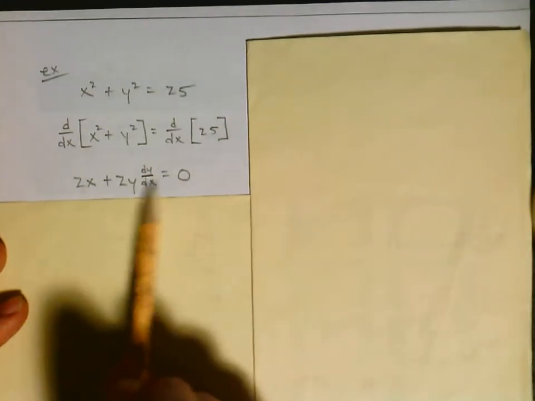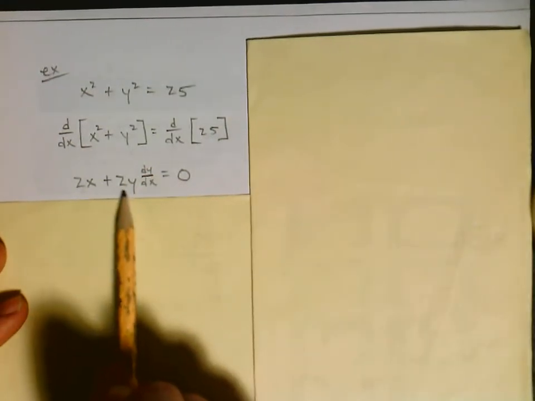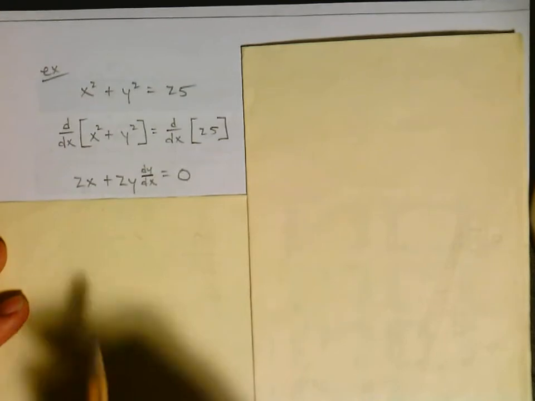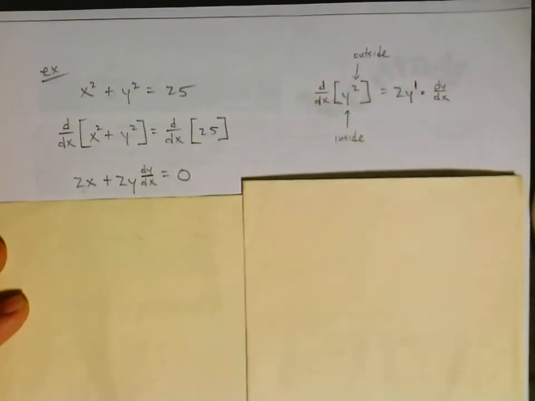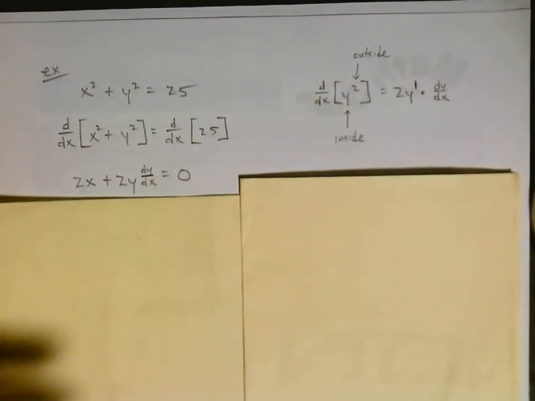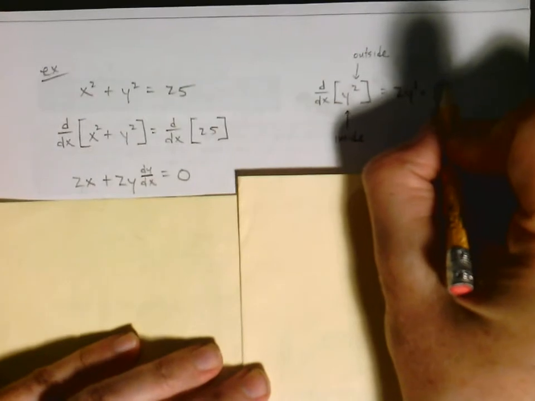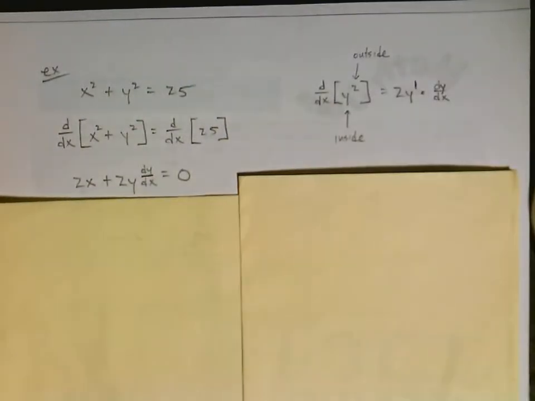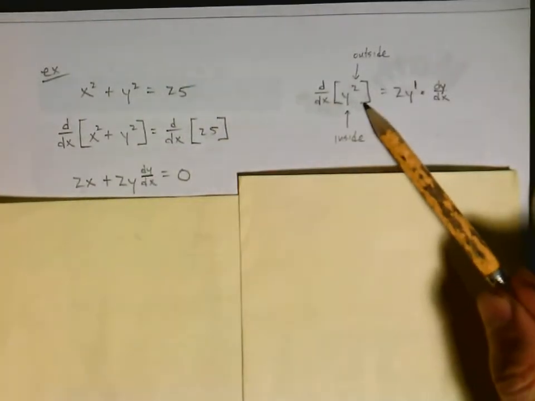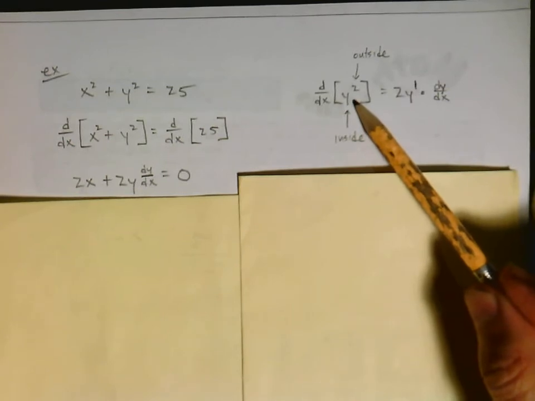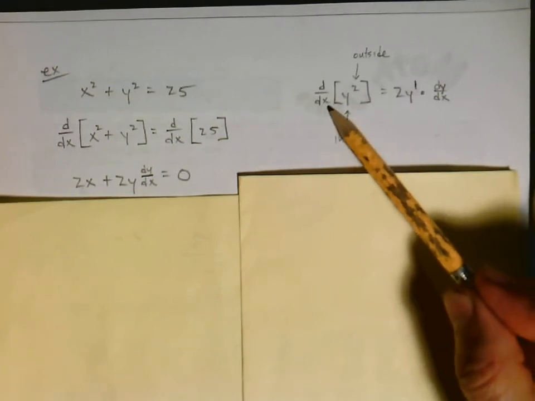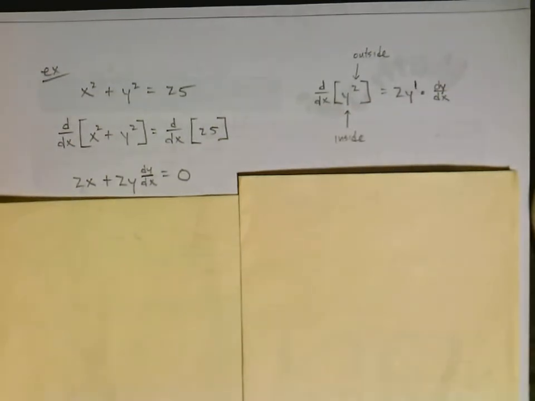Okay, so we see that. Okay, all those pieces make sense. So what's up with the 2y dy over dx? So I've got an explanation here. When we take the derivative of y squared with respect to x, we have to think of it as a chain rule.